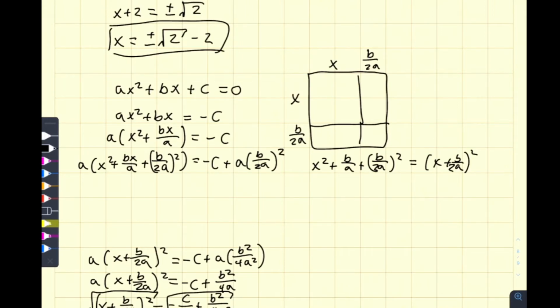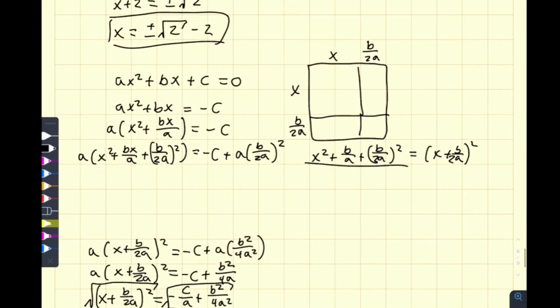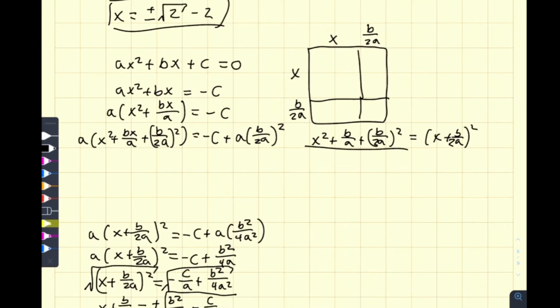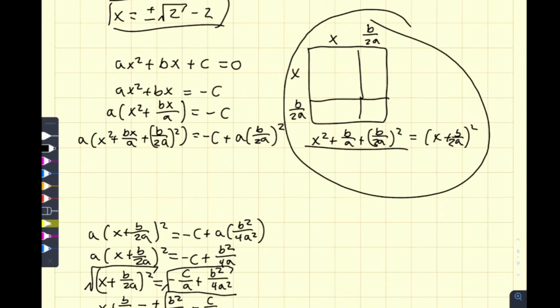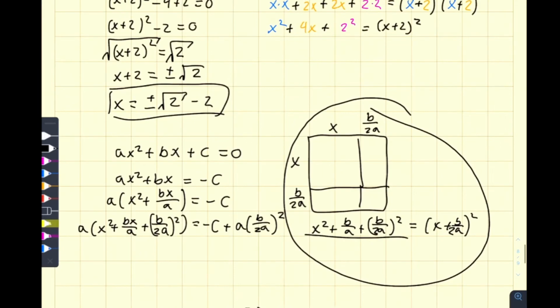We need to add the b over 2a squared within this equation to fit this property here. And when we add it inside of this parentheses, we will have to remember that the a is being multiplied into this. That is why we added a times b over 2a squared. Knowing how to do this and understanding this geometric proof will get you very far in doing this problem. And I'm pretty sure you'll be able to complete the problem yourself.